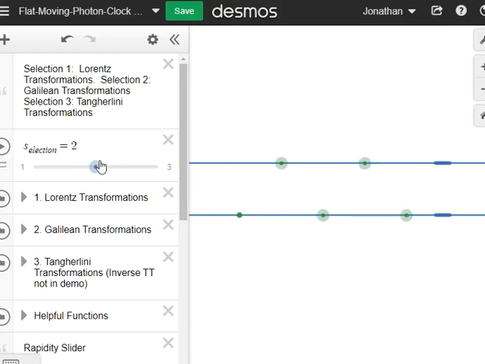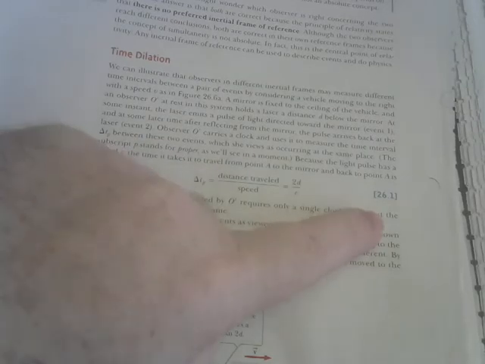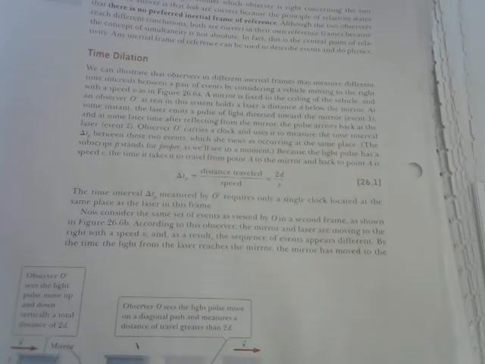But with the Lorentz transformations, the time is desynchronized so that they do. Okay, now let's talk about time dilation for a second. That is the next thing that comes up in the text, and it's actually the first numbered equation in this chapter.